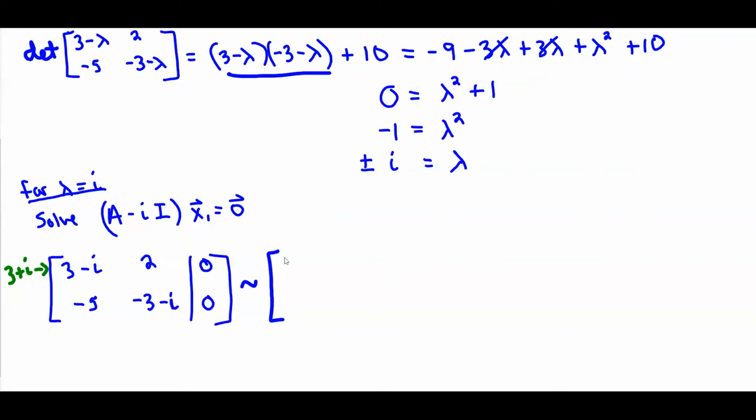So that's 9. And then I've got negative 3i plus 3i, that's going to cancel out. And then I have minus i squared. And then I have 2 times 3 plus i. And the second row is going to stay the same.